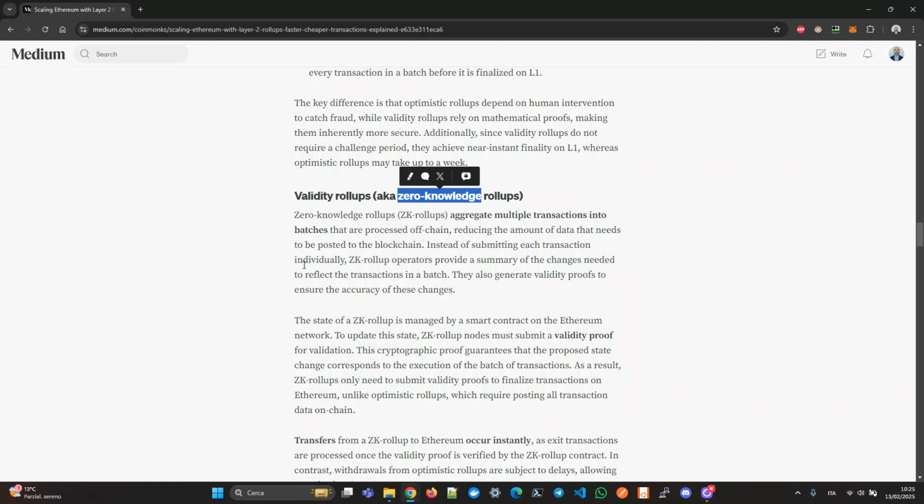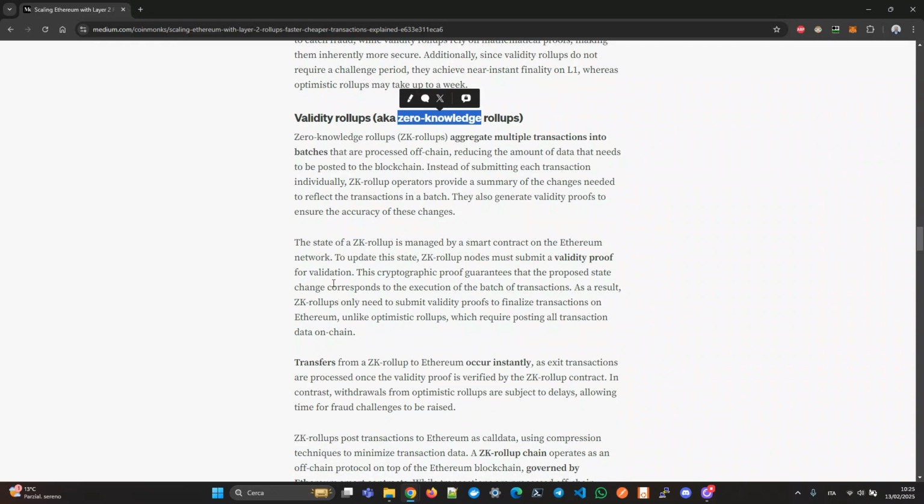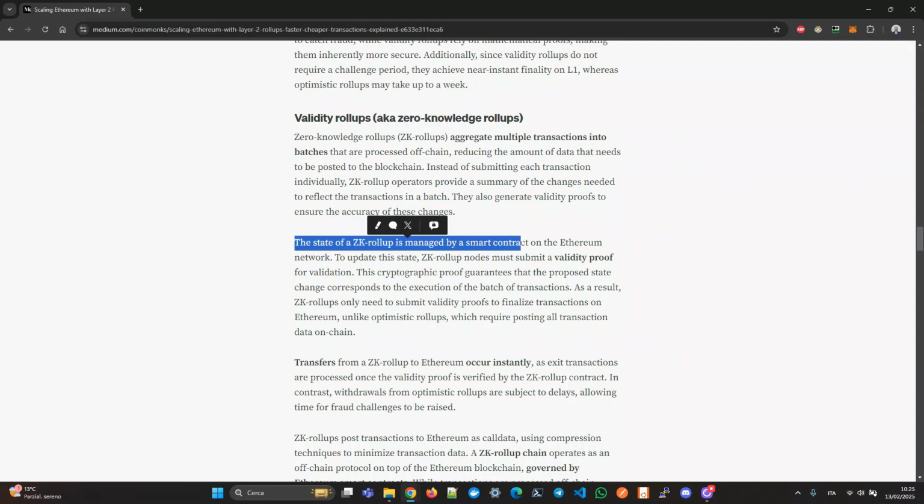They submit a batch, and this, of course, offloads a lot of transactions from the mainnet. And they also provide a validity proof of these transactions. So the state of the zero knowledge rollup is managed by a smart contract on the Ethereum network.